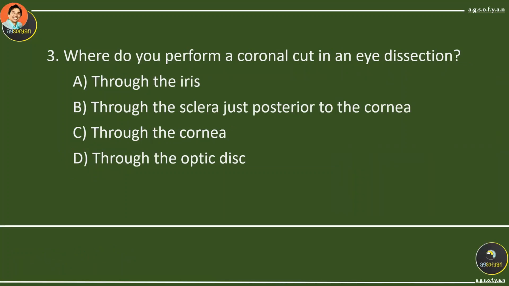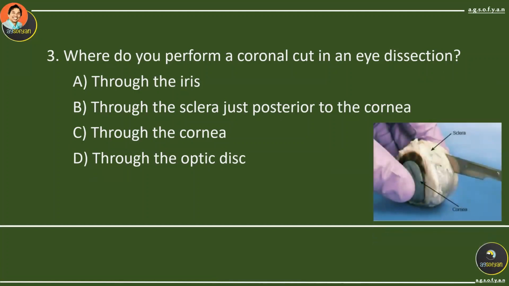Where do you perform a corneal cut in an eye dissection? A, B, C, or D? Okay, look at the eye that we have.